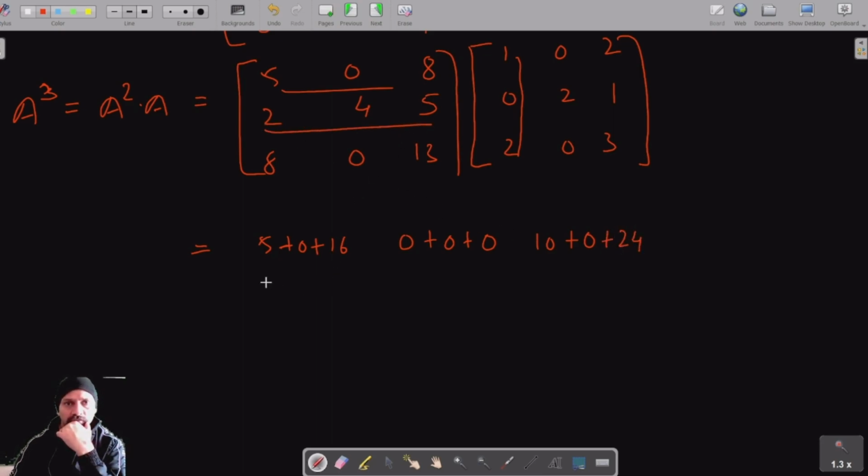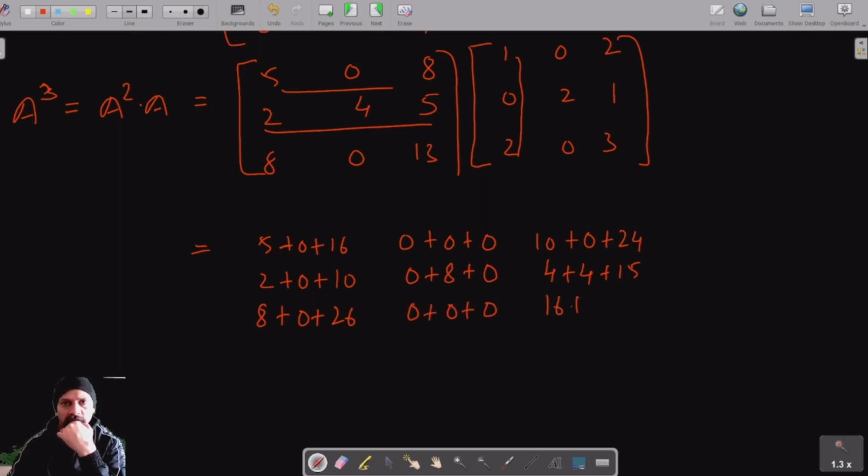The next row: 2 into 1 is 2, 4 into 0 is 0, and 5 twos are 10. 2 into 0 is 0, 4 twos are 8, 5 into 0 is 0, 2 twos are 4, plus 4 plus 15. So 2 twos are 4, 4 into 1 is 4, and 5 threes are 15. Last is 8 plus 0 plus 26. 8 into 0 is 0, 0 into 2 is 0, 13 into 0 is 0, 8 twos are 16, 0 into 1 is 0, plus 13 into 3 is 39.